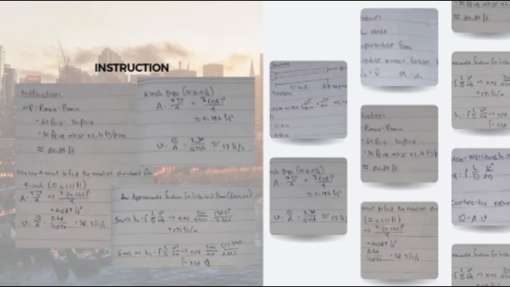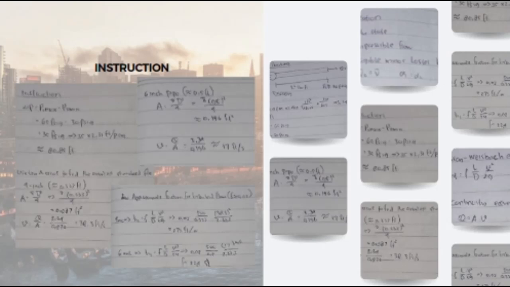So to find the head loss of these two types of pipe, we have to know the F, or friction, and I assume that the friction for turbulent flow is approximately 0.02, so we just go with it.